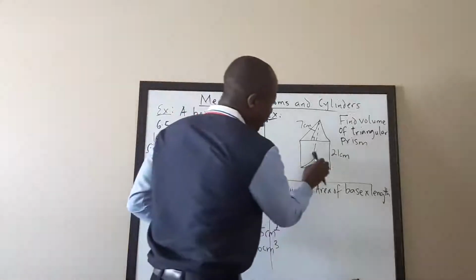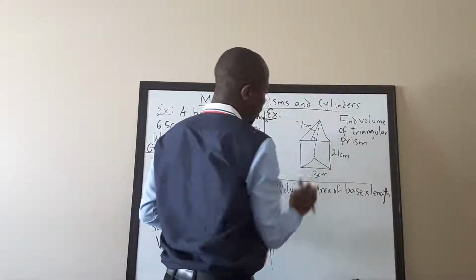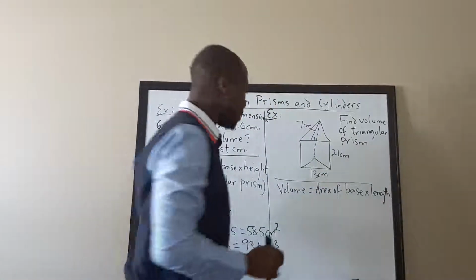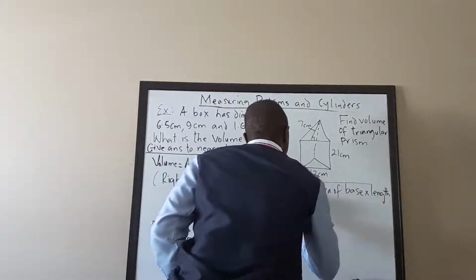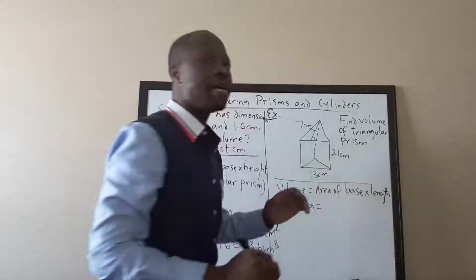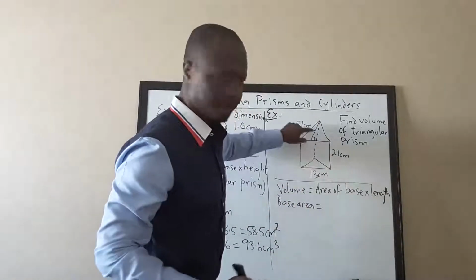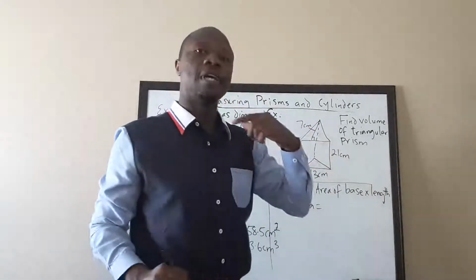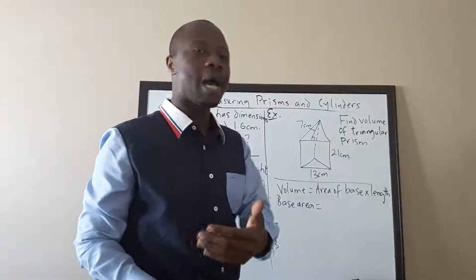Now, this base is similar to this one here. So the base area is going to be the area of the triangle. Now, the area of a triangle is half base times height.